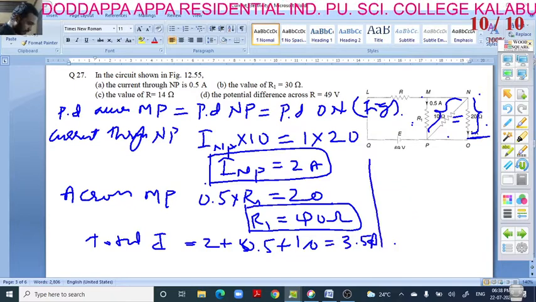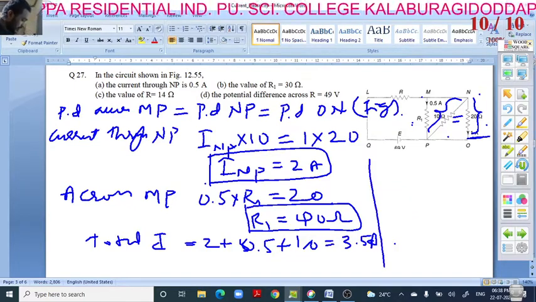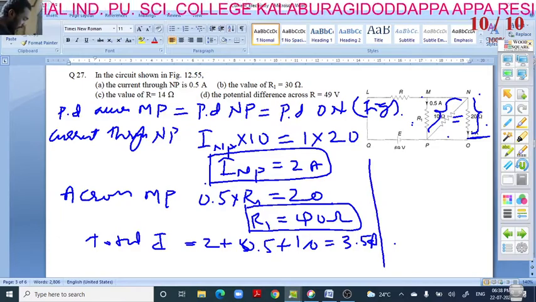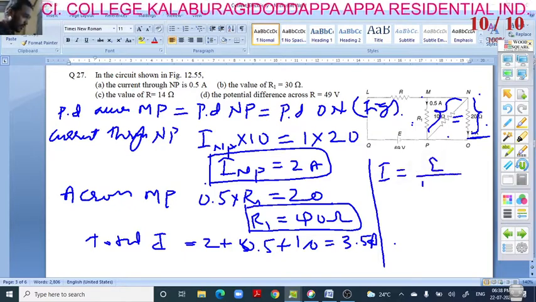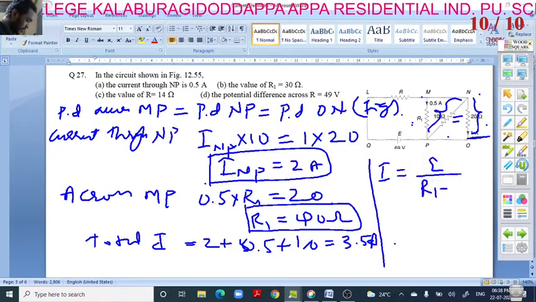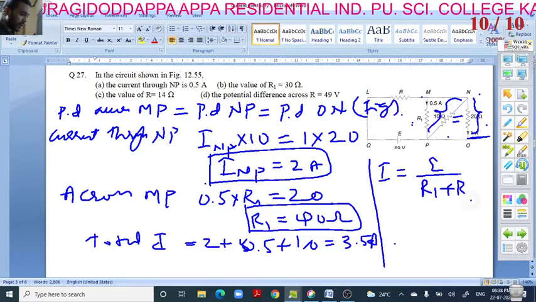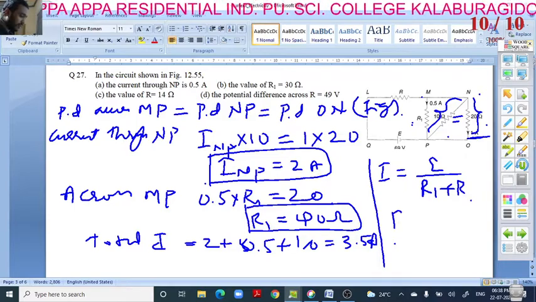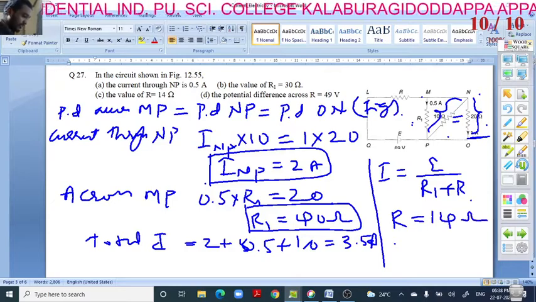So finally we have the formula here to find the value of R. See, I is equal to E divided by R1 plus R. So with the help of this formula, just to find the value of R, so R is equal to 14 ohm we will get here.